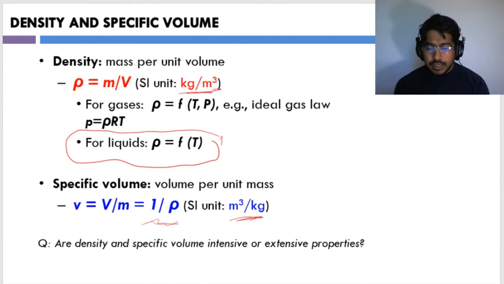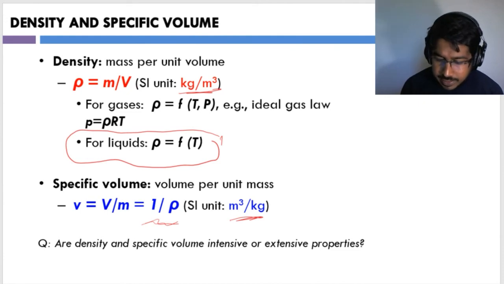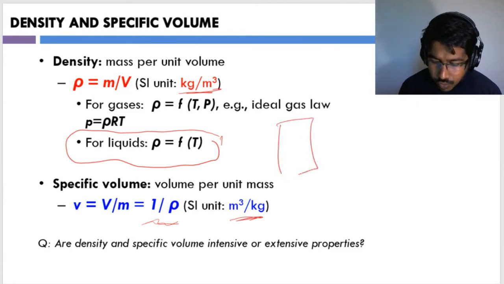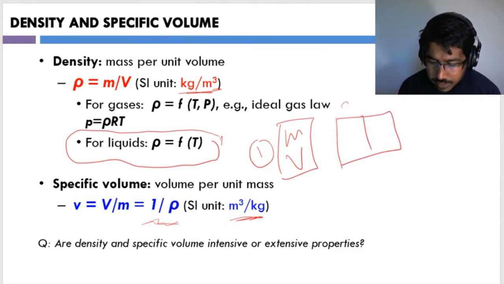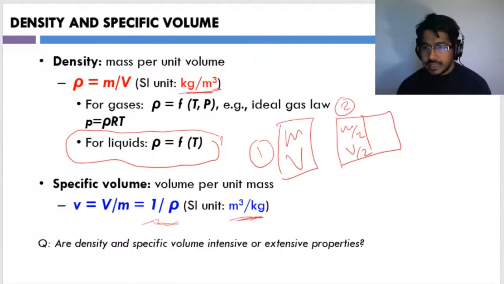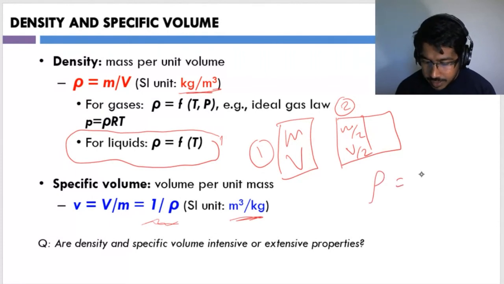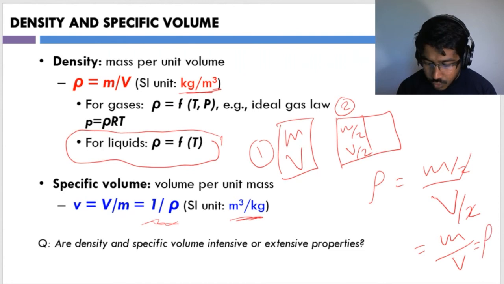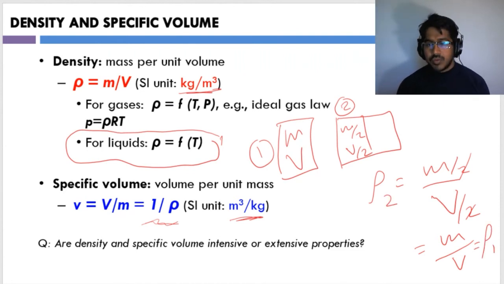Density is intensive, right? So if I do the same exercise I did last time, let's assume the M and V for system 1, and we divide it into two cases, and for system 2, M divided by 2, V divided by 2. You can see density is M over V. So for system 2, we divided by 2, and then again it is equal to rho 1, right?